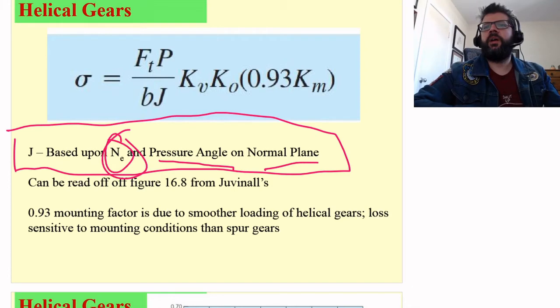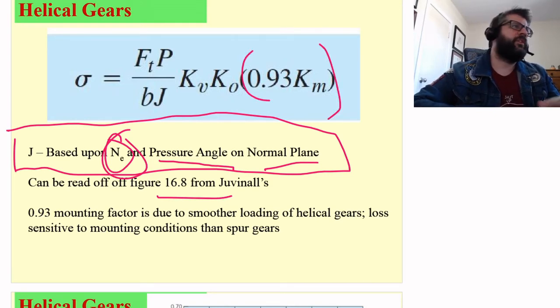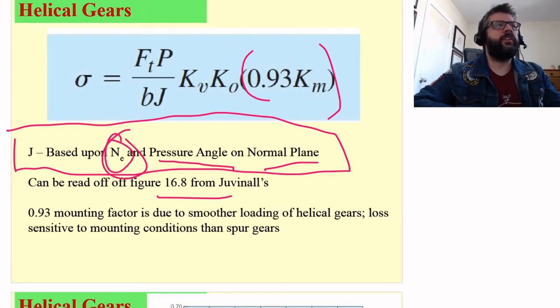We can either figure that out by looking at the J chart from before, or we can go to this figure here in Juvinall. The other thing that comes into play here is that our mounting factor gets dropped down to 0.93 of what the Km would have otherwise been, just because of the smoother loading of helical gears. It's less sensitive to mounting conditions.